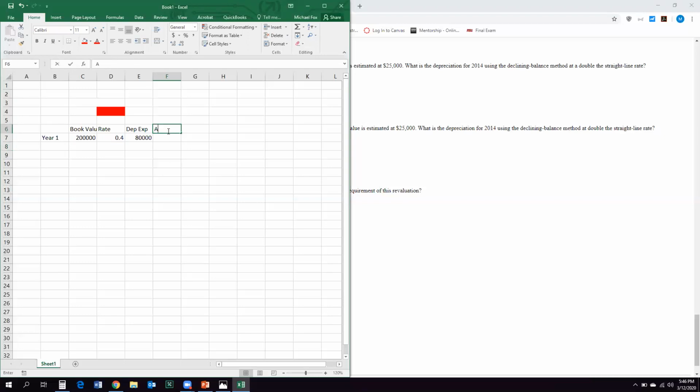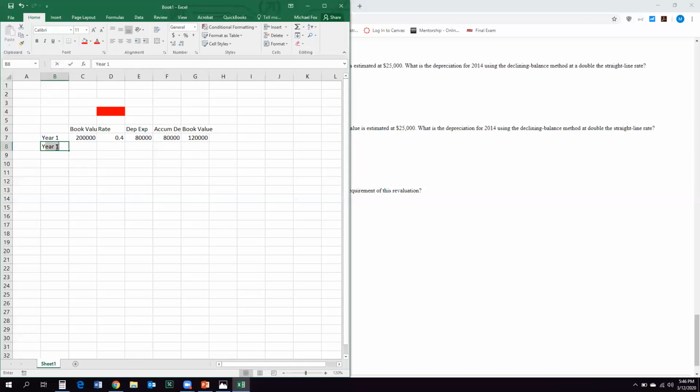Our accumulated depreciation at that point is going to be the same, 80,000, as our depreciation expense. And so our book value at the end of the year is going to be the original cost minus the accumulated depreciation.